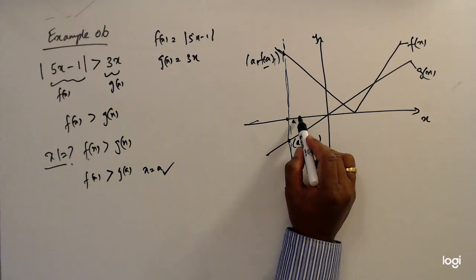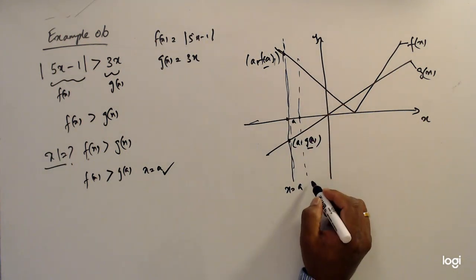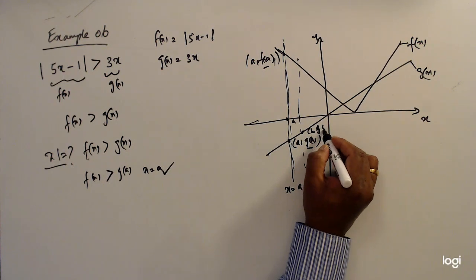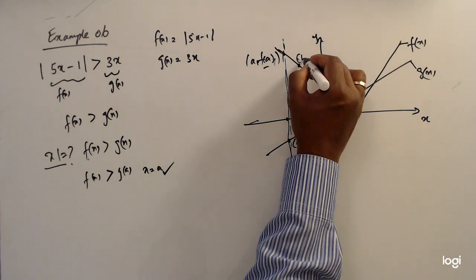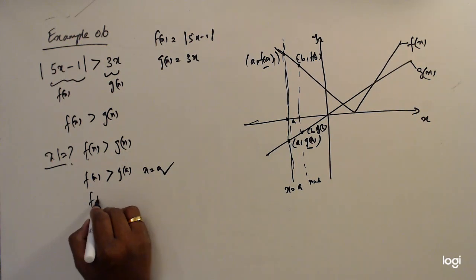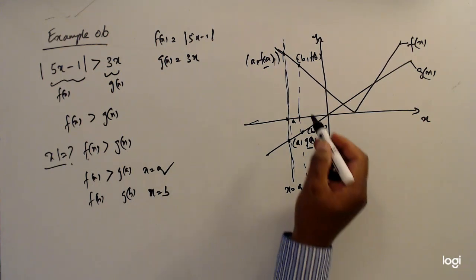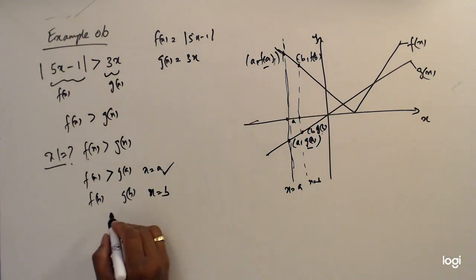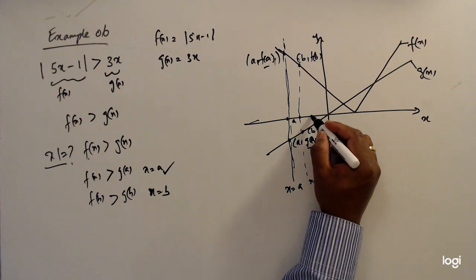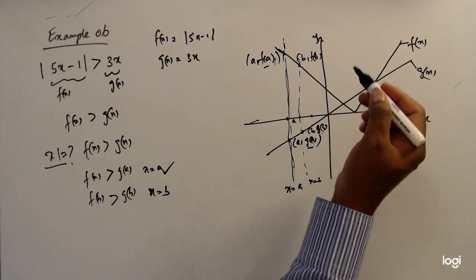What do you think about x equal b? So this is going to be gb, and this is going to be fb. What do you think about fb and gb? fb is greater than gb, so that b value is also fine. How about this value? You can see that still f is going to be over.